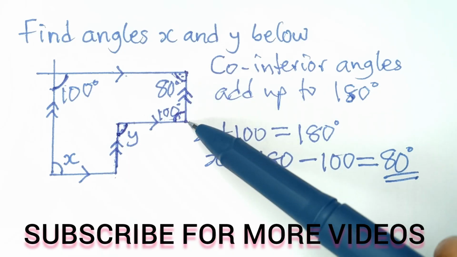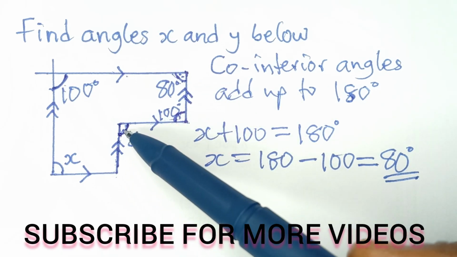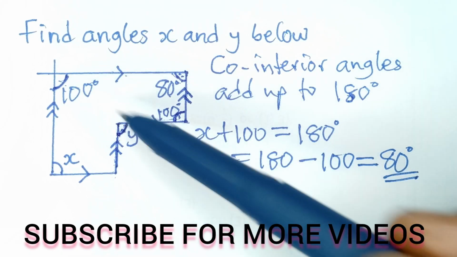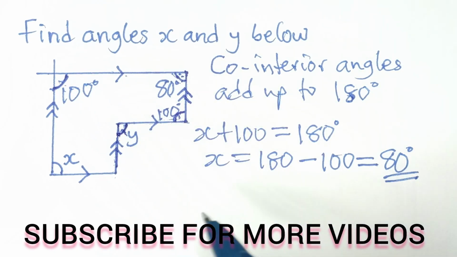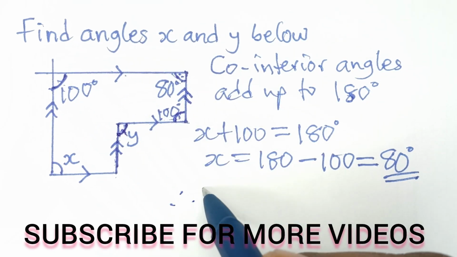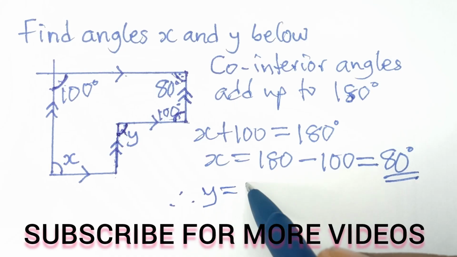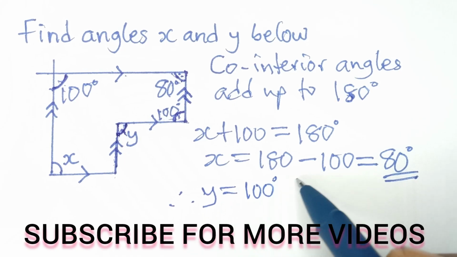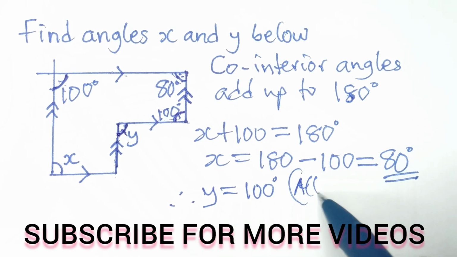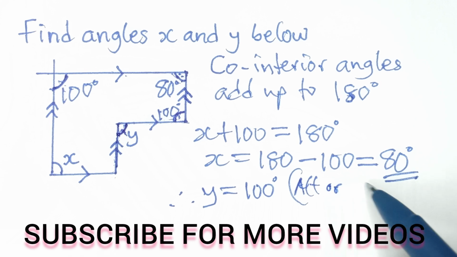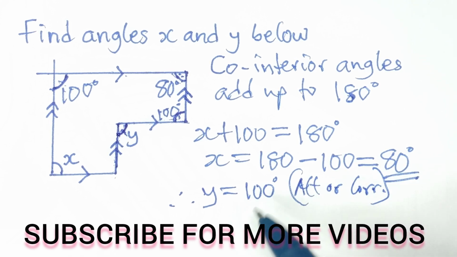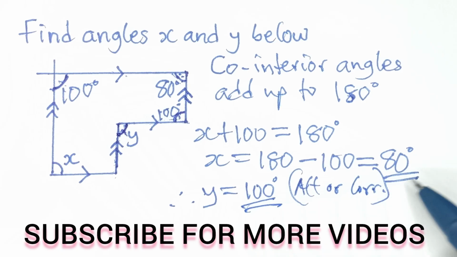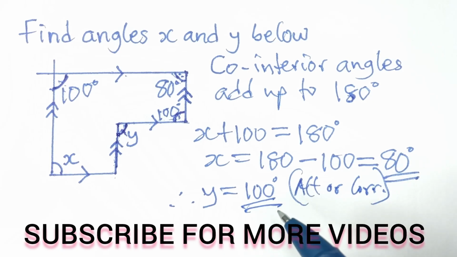So you can either use this rule of alternate angles to get Y as 100, or you use corresponding angles to also get Y as 100. So I can simply say, therefore, angle Y is equal to 100 degrees. And what's the reason? Alternate angles or corresponding angles. Any of the two rules will work for angle Y. So X is 80 degrees and Y is 100 degrees as our final answer.